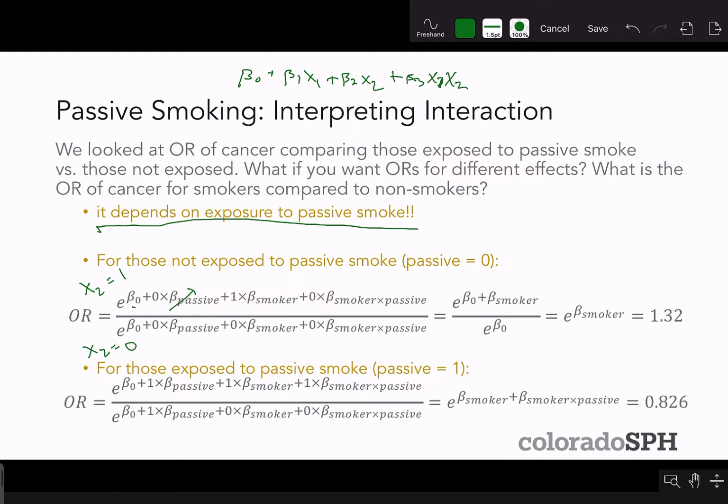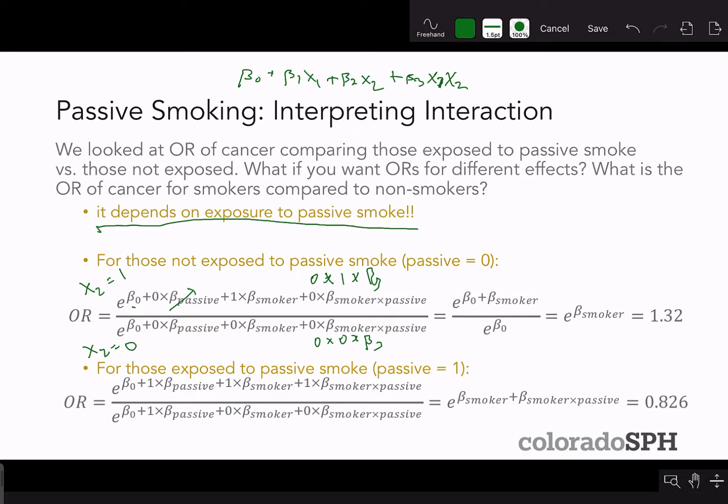And we're also going to have 0 multiplied by the interaction term. In this case, it would be 0 times 1 times beta 3 on the top, because we have a 0 for passive smoke, a 1 for smoker. And on the bottom, it would be 0 times beta 3, because on the bottom, we have a 0 for passive and a 0 for smoker.